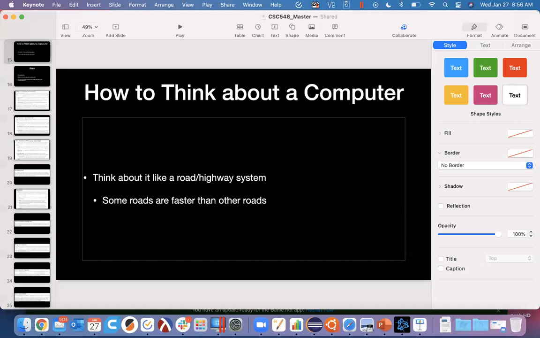Similarly, we also need to store stuff pretty often inside of a computer. We can think of that like going through toll booths. If you've gone through Chicago and you don't have one of those iPasses, then you have to stop at all the toll booths, and that can take some time, and sometimes they get backed up. Some toll booths are faster than other toll booths.